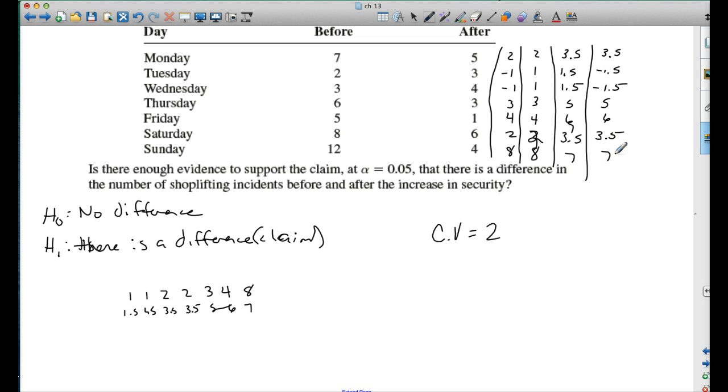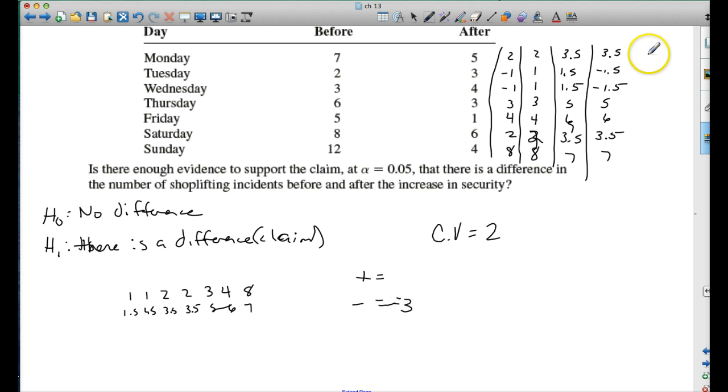Once we get done with that, we have to find the sum of the positive ranks and the sum of the negative ranks. So in other words, we're going to go on this chart and add up the positive numbers and add up the negative numbers. I'm just going to put a little chart down here: positive numbers added up, negative. The negative shouldn't be too hard because there are only two numbers, negative 1.5 and negative 1.5, which is negative 3.